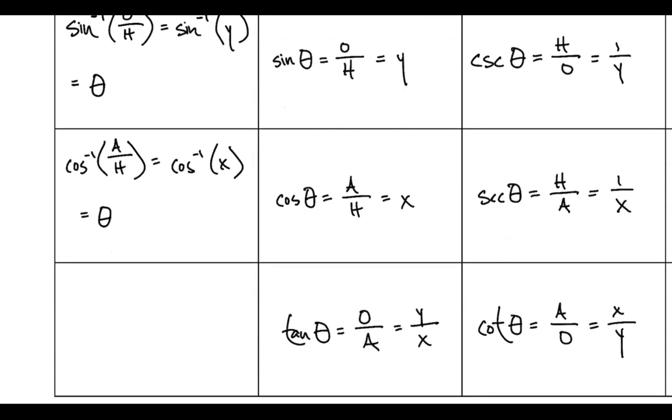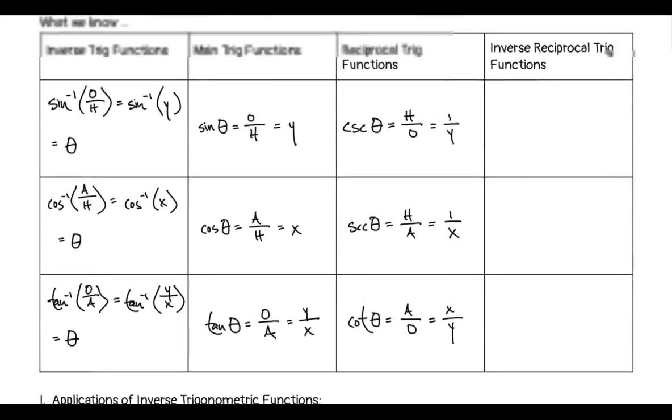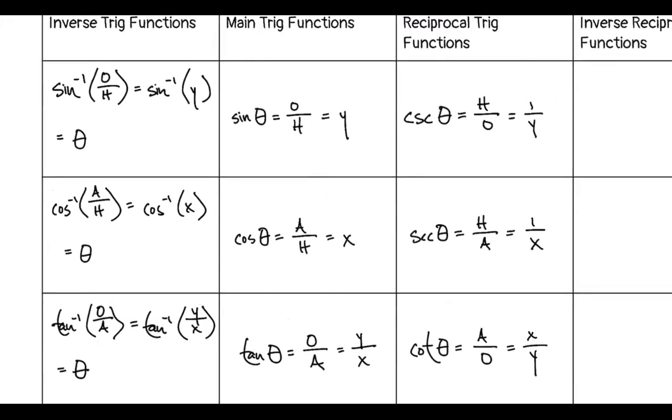And similarly, inverse tangent would be opposite over adjacent, or I could say inverse tangent of y over x, and that will equal some angle. All right. And so these were the three categories of trig functions that we're going to be working so much with.